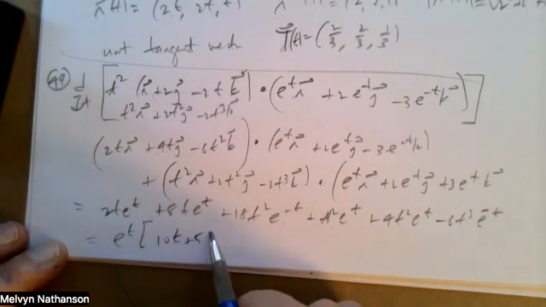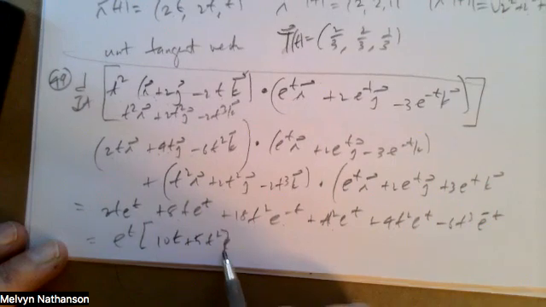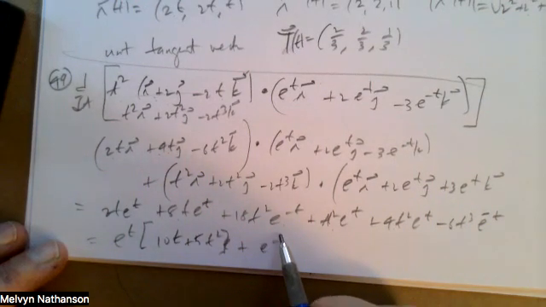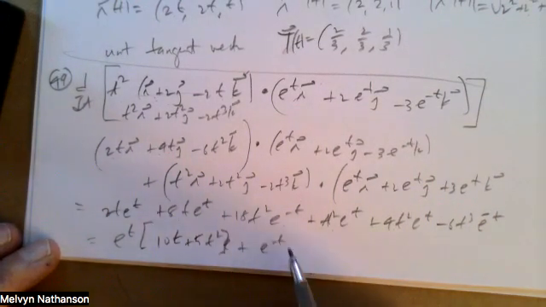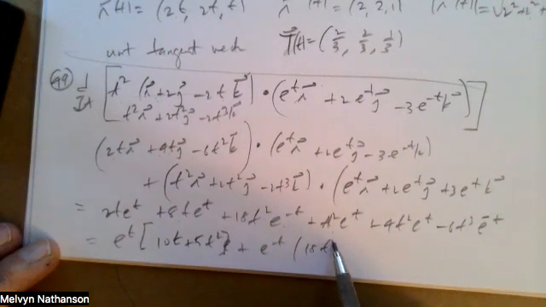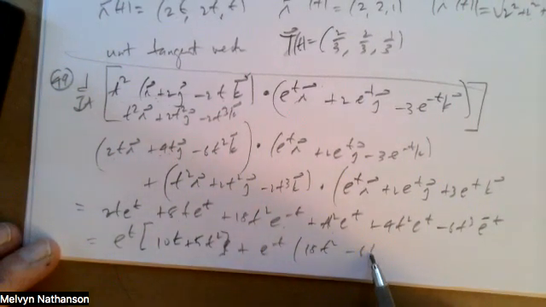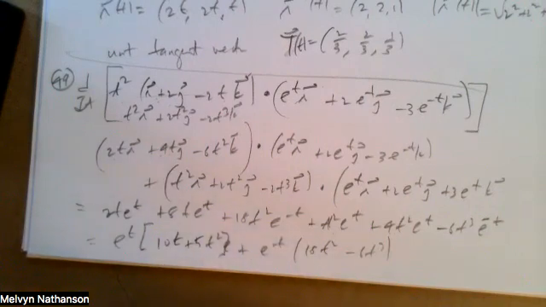I have plus 5t squared e to the t. And then I have e to the minus t times 18t squared minus 6t cubed. So you do the calculation and hope that it's okay.